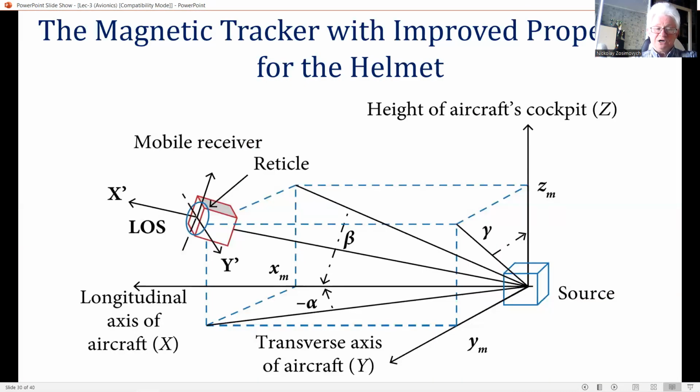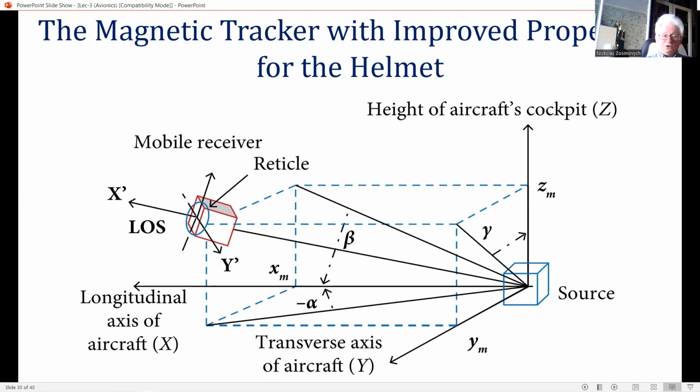The sensors and radiators for both AC and DC magnetic tracker systems are small and lightweight. Typical sensor volume is about 8 cubic centimeters or half cubic inch, and weight about 20 grams or 0.7 oz.